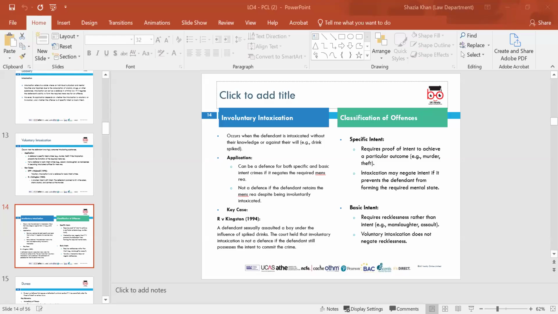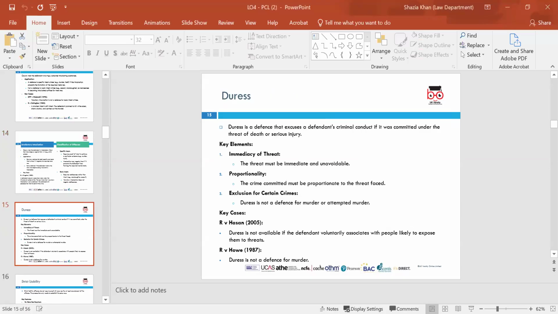For example, to prove a Section 18 GBH charge, the prosecution must show that the offender intended to cause serious injuries when they assaulted the victim. And then you've got basic intent, which requires recklessness more than intent, and voluntary intoxication does not negate recklessness.